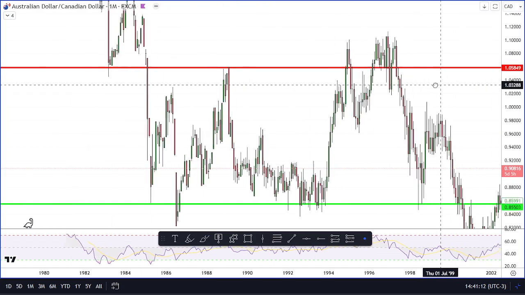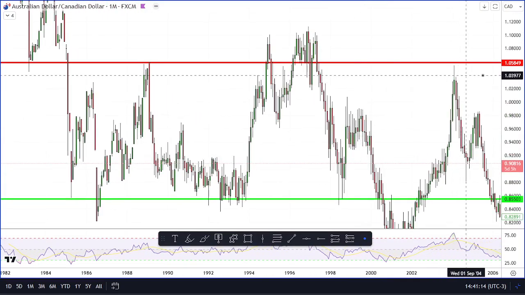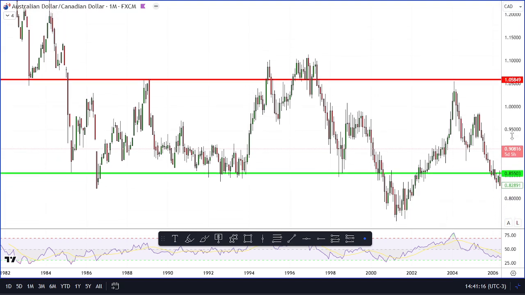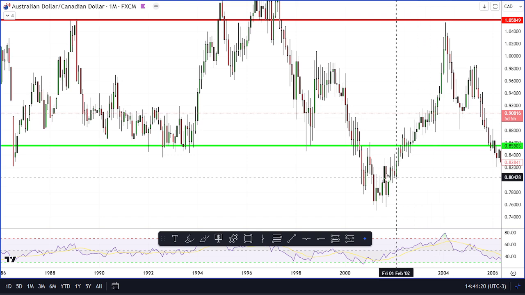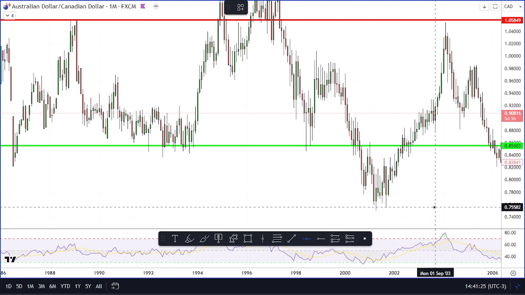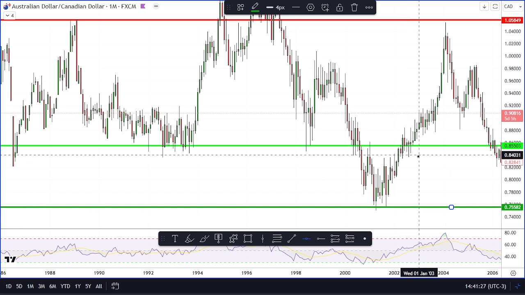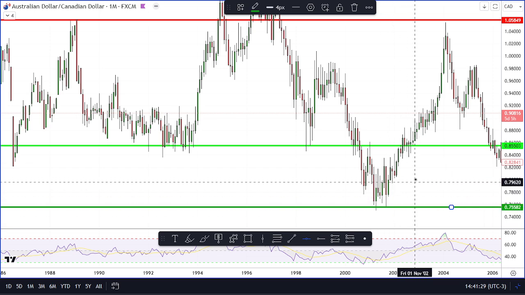Then what happened? The market went down to find a new level of support right here, as we can see.